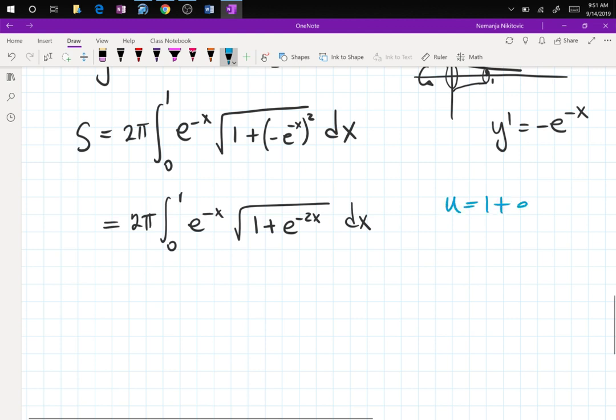U equals 1 plus e to the negative 2x, then du is going to be negative 2 e to the negative 2x dx. And see, I don't have a negative 2x over here for u sub. So we can't use u substitution, in which case that means that we cannot integrate this because we are not there yet. Well, at least we set it up.